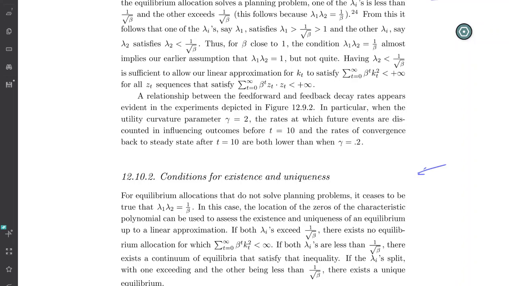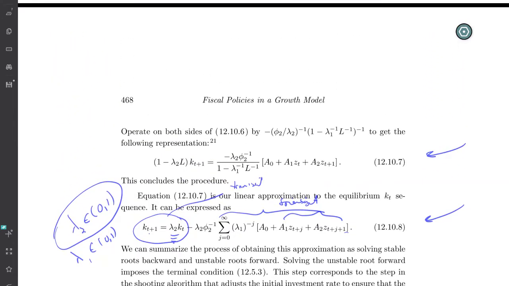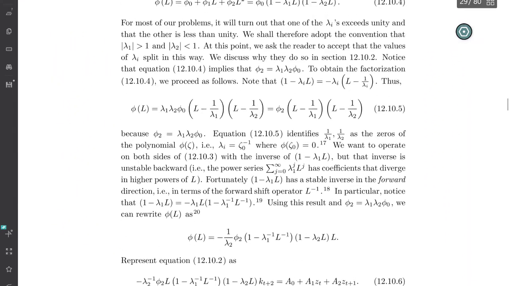You can write down economies with distorting taxes, and competitive equilibrium with distorting taxes just won't exist. Or sometimes it'll exist and not be unique. And whether or not it exists and is unique is closely linked to the values of the roots in a factorization like we obtained here. That's how that fits together.